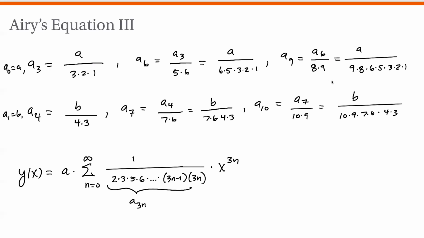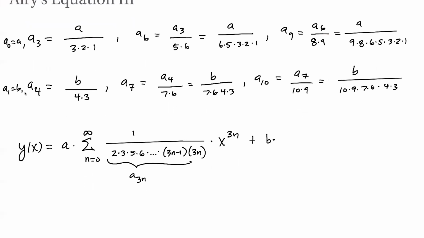All right, I can do a similar thing for the terms that are multiplied by b, which are all the multiples of 3 plus 1. So 4, 7, 10, and so on. These also, I'm going to start at 0, but these are one more than a multiple of 3. So what I'm describing here are all the terms of the form A 3n plus 1.